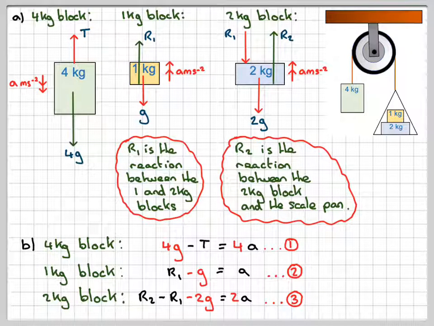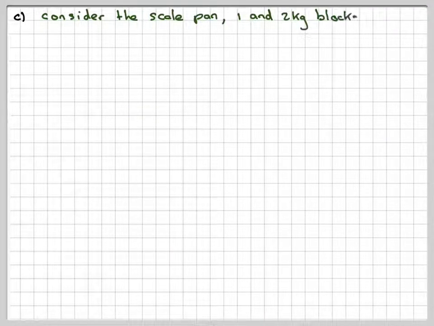Right, so we've now got to find the acceleration, the tension, the value of R1, which is the reaction between the 1 kilogram and 2 kilogram block, and the value of R2, which is the reaction between the 2 kilogram block and the scale pan. To do that, you have to consider the scale pan and the 1 and 2 kilogram blocks as one object.